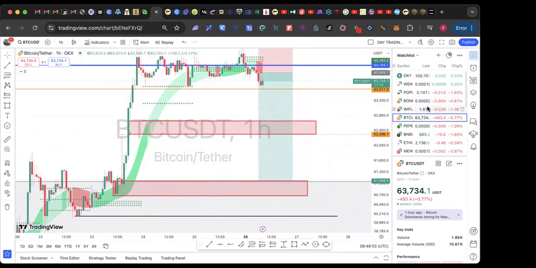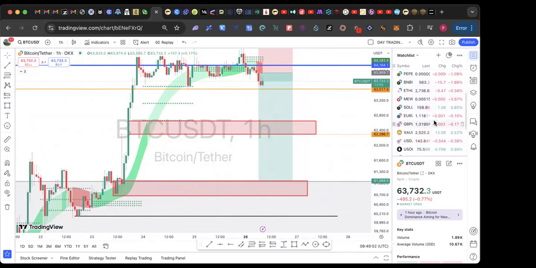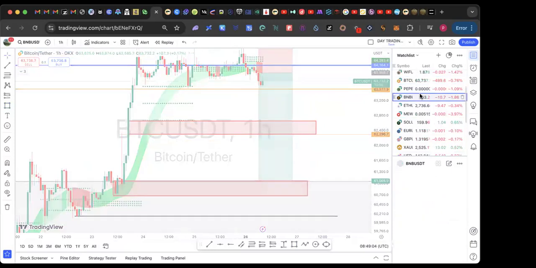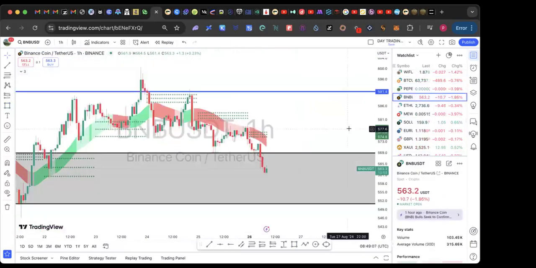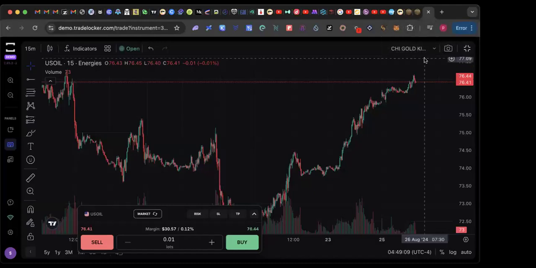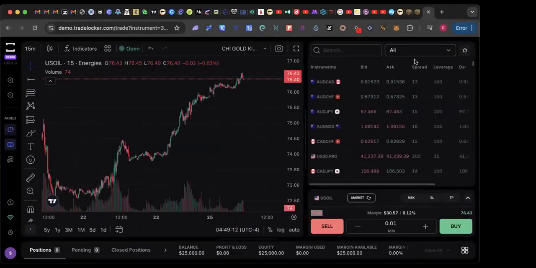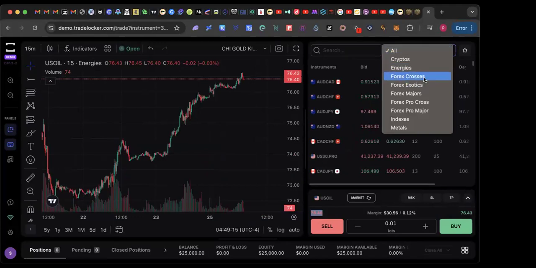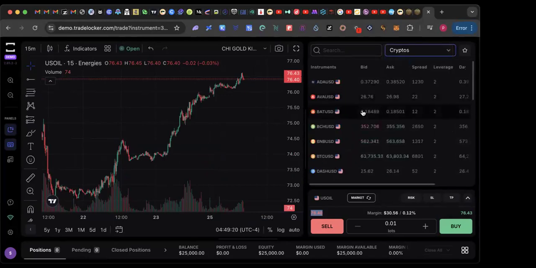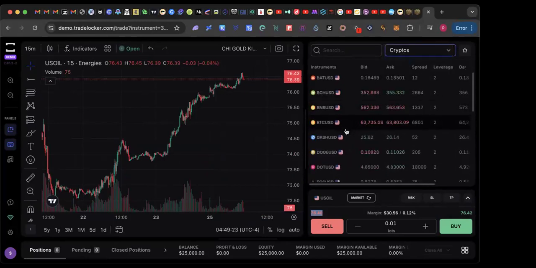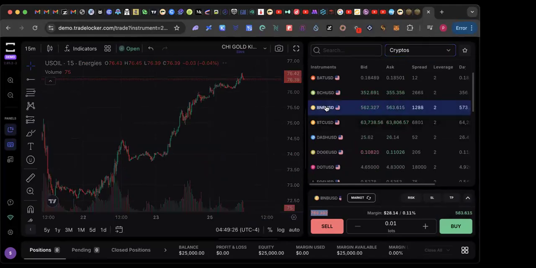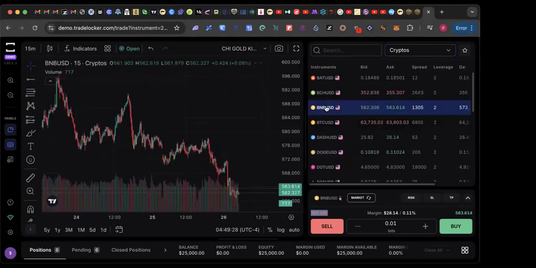So I will have to look for another instrument because the one that is so obvious. So let me look so that I can experiment an entry position for you guys to see. I think BNB should be there. Do they have BNB there? So let's close this. Crypto, I think they have crypto. Cryptos, okay. Oh, are you serious? That's fantastic. So let me look at BNB.